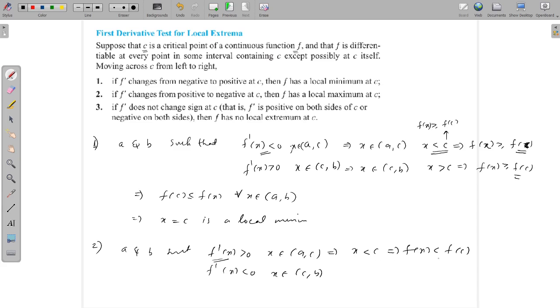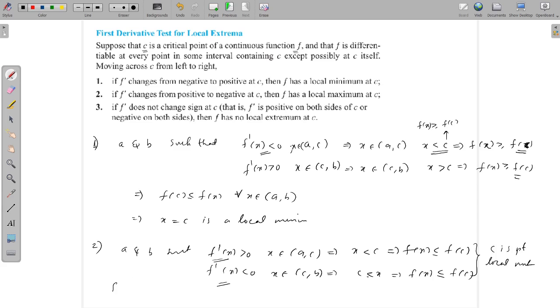But in the interval (c, b) we have a negative sign for the derivative, so the function is decreasing. Then c less than x implies f of x is less than or equal to f of c, because of the decreasing nature. So from these two you can say that c is a point of local maximum.